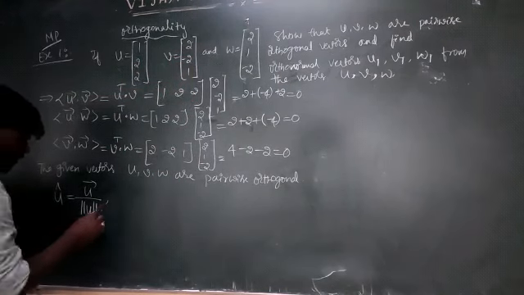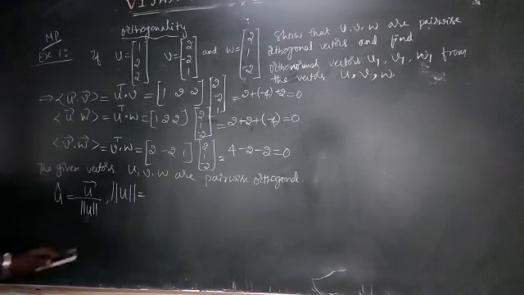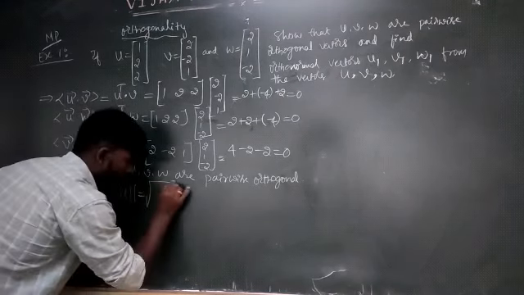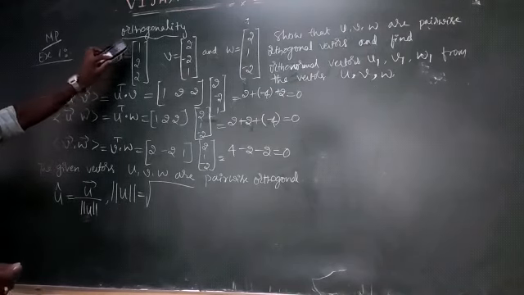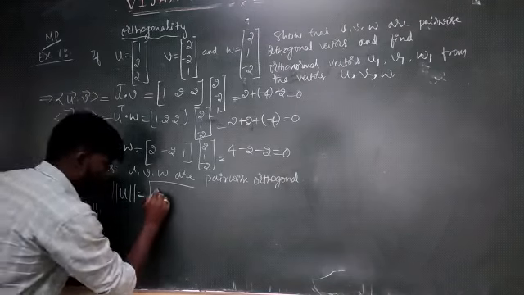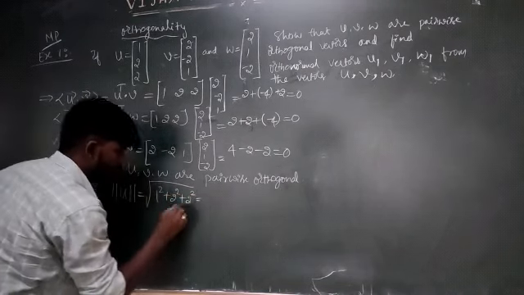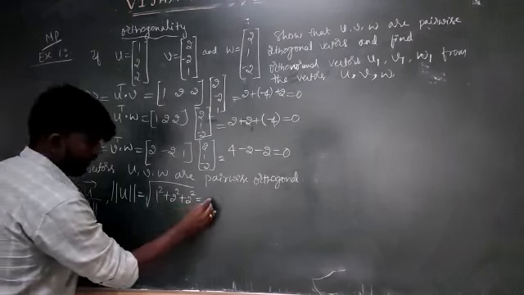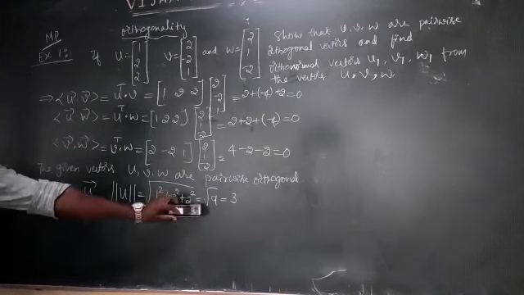The norm of u is the root of the sum of squares of each element: 1 square plus 2 square plus 2 square, which is 1 plus 4 plus 4, gives root 9, which is nothing but 3.